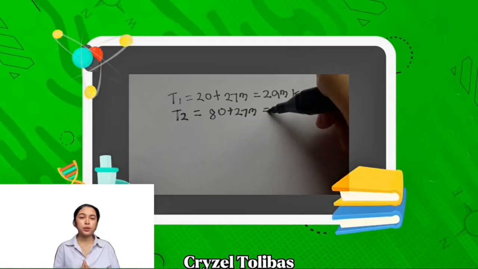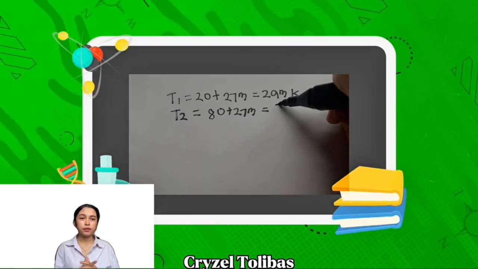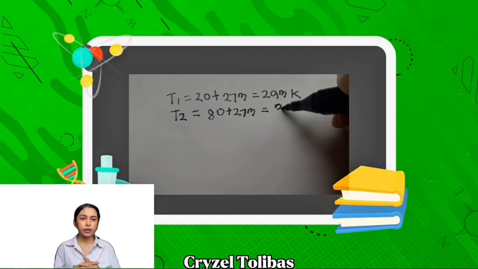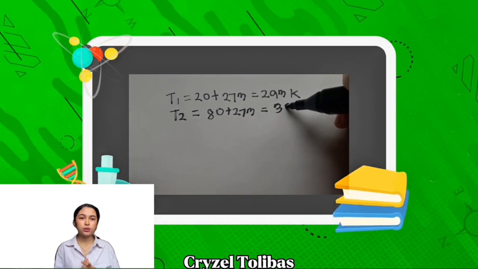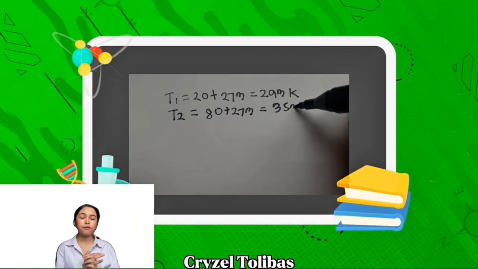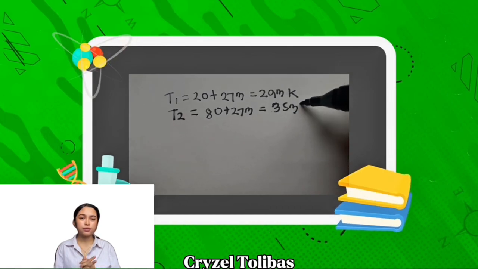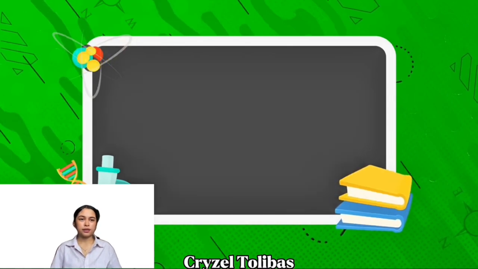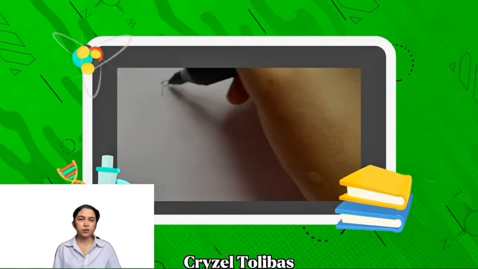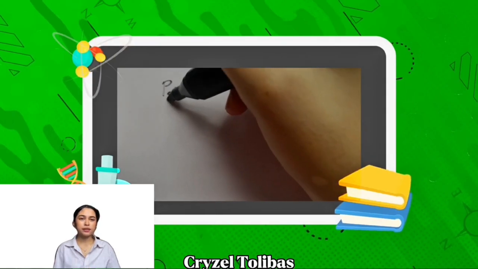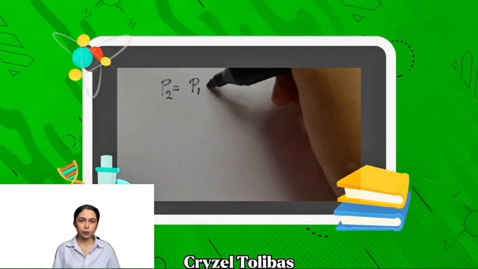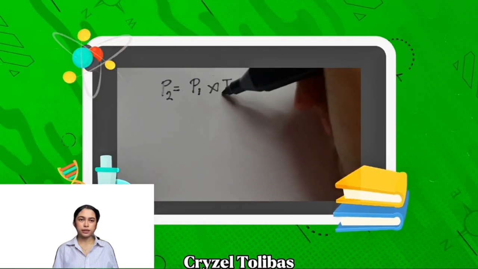So T1 is equal to 20 plus 273, which is equal to 293, and T2 is equal to 80 plus 273, which is equal to 353. Okay, next we solve for the P2, which is P2 is equal to P1 times T2 over T1. Let's substitute and calculate.